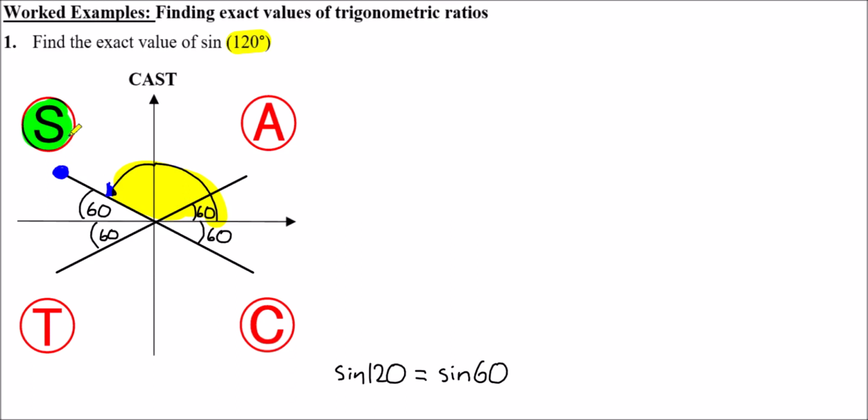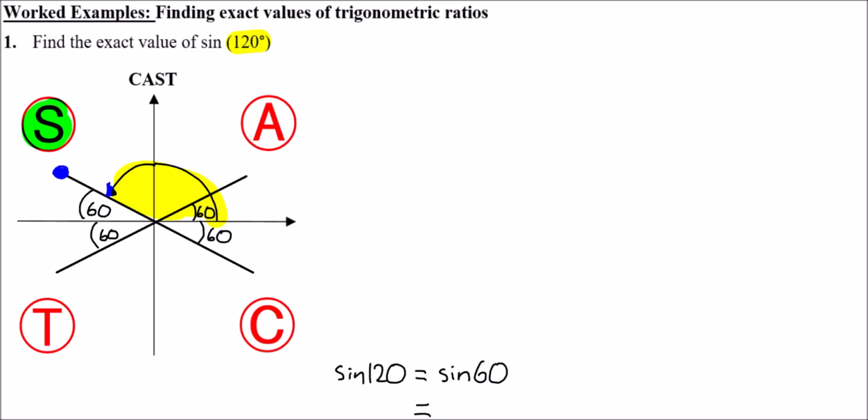And in the S quadrant, S for sin, any sin ratio is positive if it lies in this quadrant. And so sin 120 is positive, so therefore sin 120 is going to be sine 60, which is positive. Remember, for any acute angle, sin, cos, tan are all positive in this quadrant. So therefore, sine 120 is the same as sine 60.